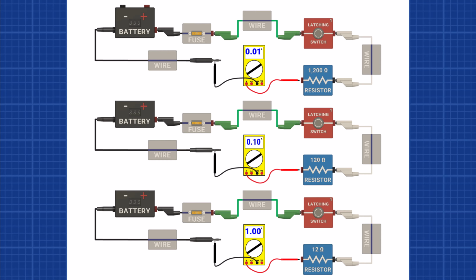In future lessons, we'll dive deeper into Ohm's law by exploring series and parallel circuits, where resistance and current interact in more complex ways. We'll also look at more advanced calculations to better understand how these principles apply to real-world scenarios.